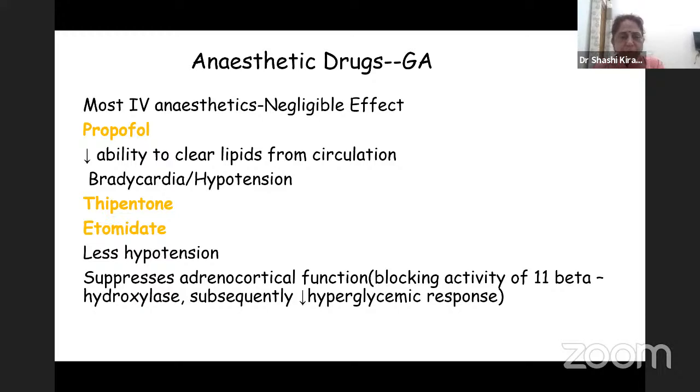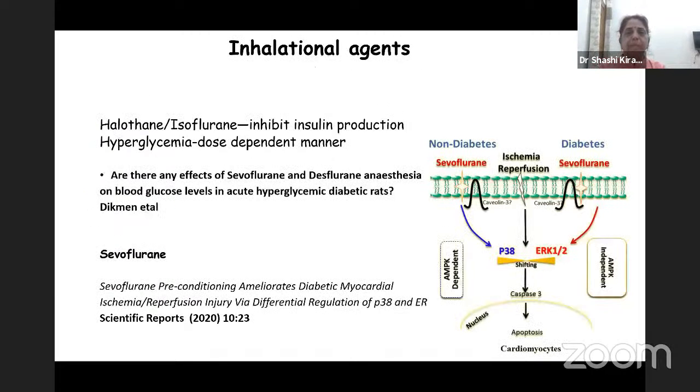Etomidate, although it causes less hypotension and is useful in cardiac patients, suppresses adrenocortical function, so subsequently it may decrease the hyperglycemic response. Now about inhalation agents. Halothane, although it is not being used, as postgraduates one must know, halothane and isoflurane normally do not cause any significant effect on glycemic levels, but they can cause hyperglycemia in a dose-dependent manner.